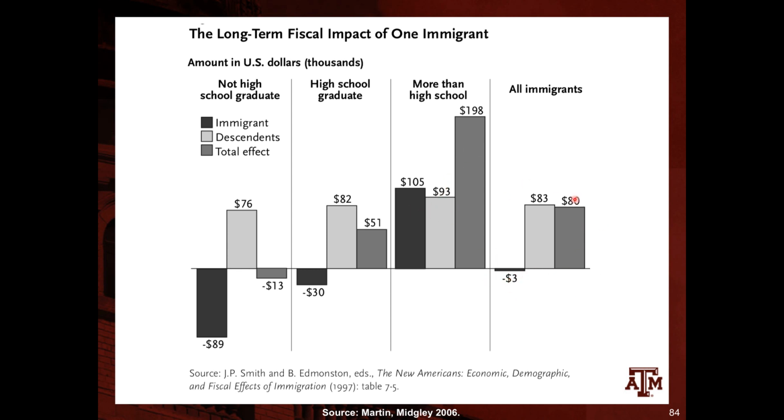And the average effect for all immigrants is really close to zero, because this positive effect kind of counterbalances the negative effect, and you have positive effects for second generation immigrants, and then 83 minus 3, you have an average of 80 positive effect of all immigrants on the long-term fiscal impact.